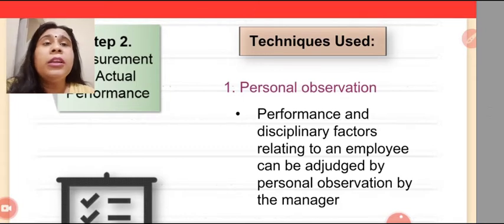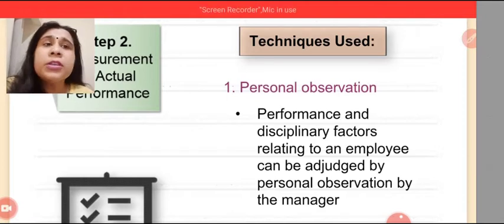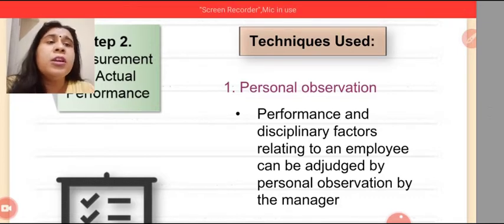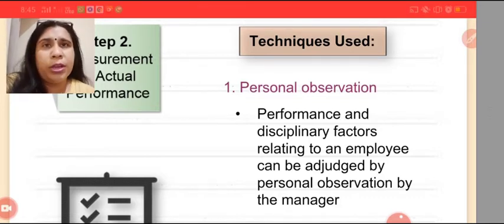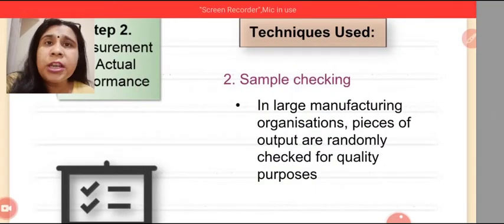Now the techniques used for measuring the actual performance could be personal observation, that is, performance and disciplinary factors relating to the employee can be judged by personal observation by the supervisor, the manager, or the bosses, or sample checking could be done.